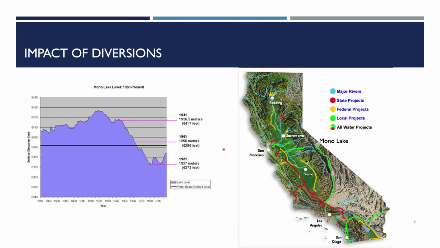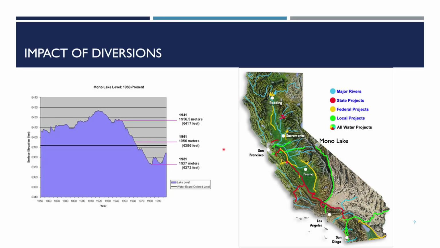As water evaporated but was not replenished, salinity levels doubled from about 55 grams per liter to over 100 grams per liter. This increase in salinity threatened the lake's algae, which in turn jeopardized the brine shrimp and the alkali flies. And the ecological ripple effects were severe.